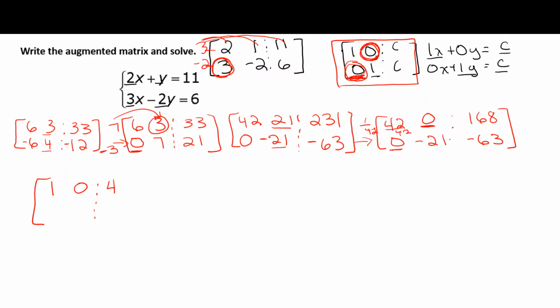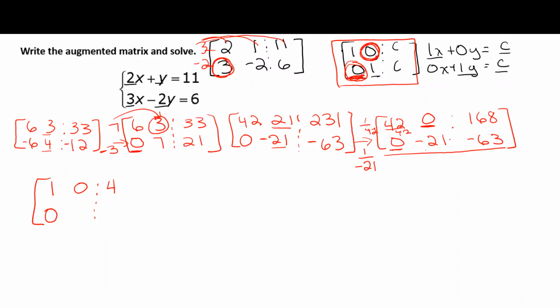And now let's look at this row again. I still have a negative 21 here, and I want that to be a 1. So how about if I divide everything by, or multiply everything by 1 over negative 21? Okay, so 0 times 1 over negative 21 is 0. So I'm going to put that in this spot here.